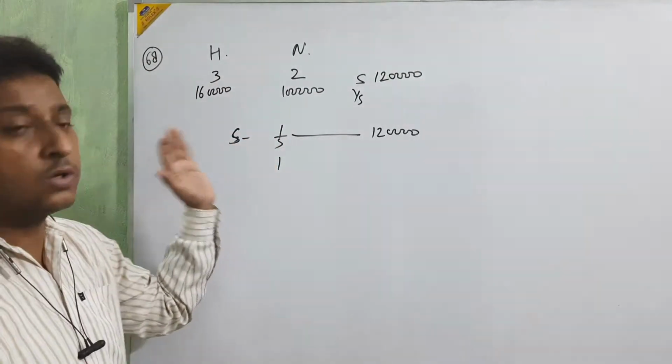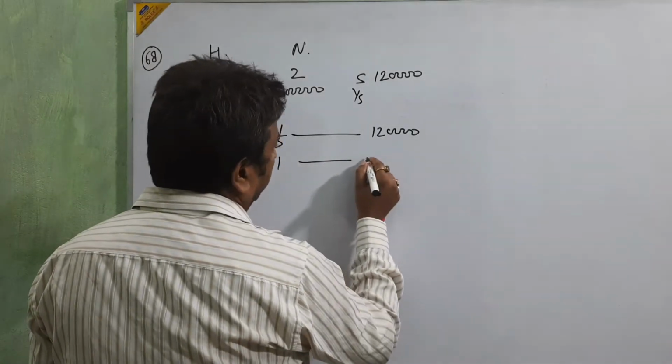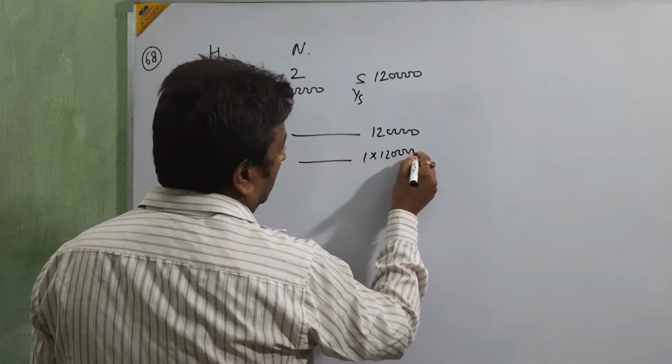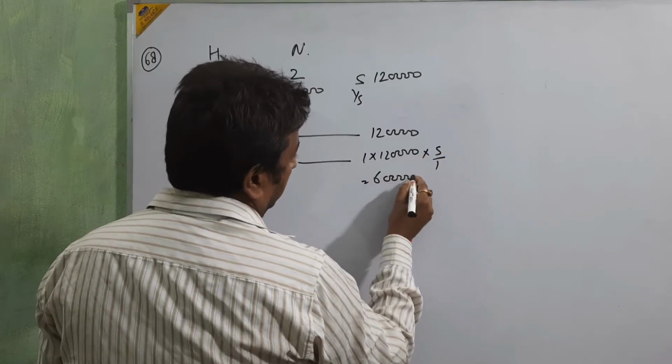So for the total amount, 1,20,000 into 5/1, it means 6 lakh.